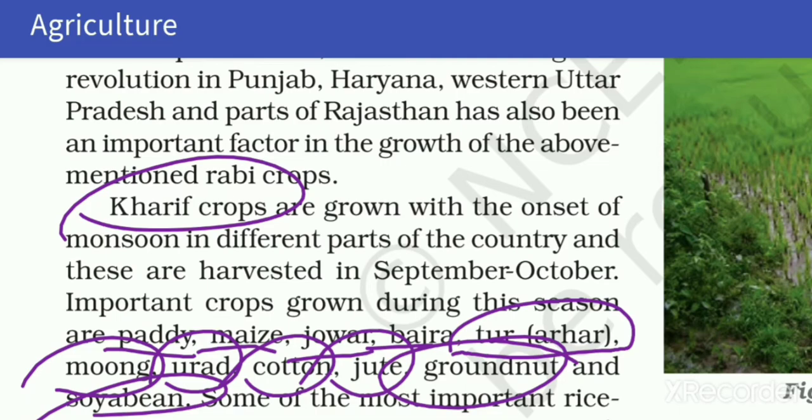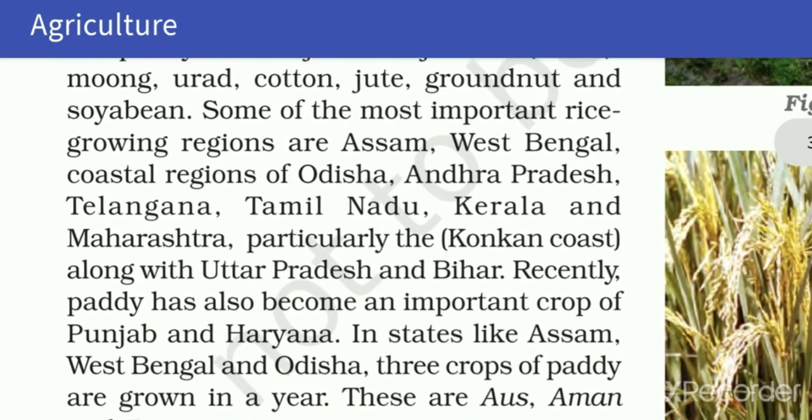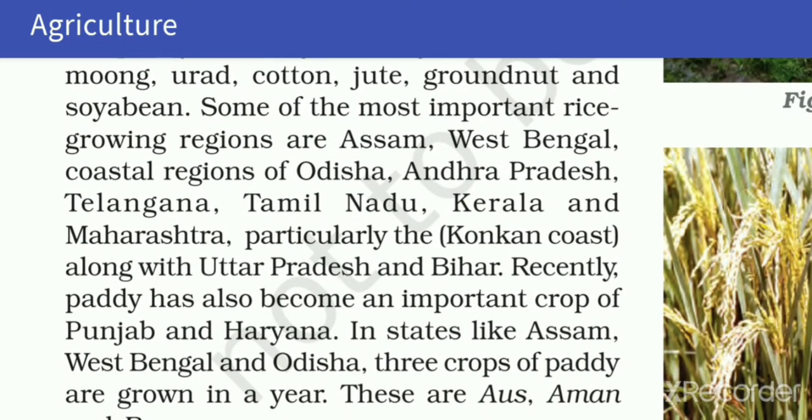Now the third sub point, as I mentioned, is area. When we talk about the area where Kharif crops are grown, mainly it is the eastern coastal area and western coastal area.